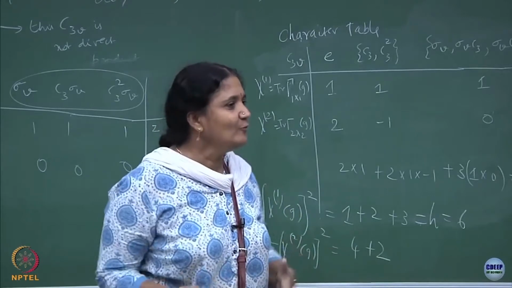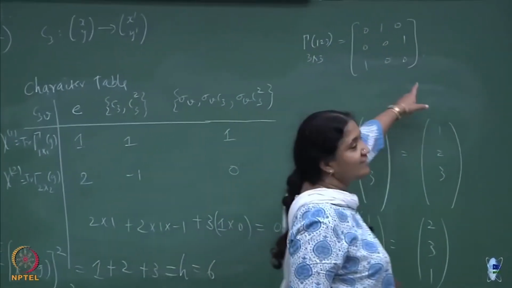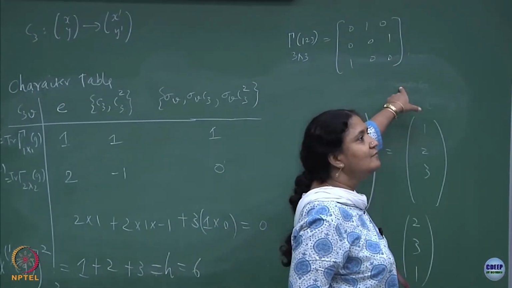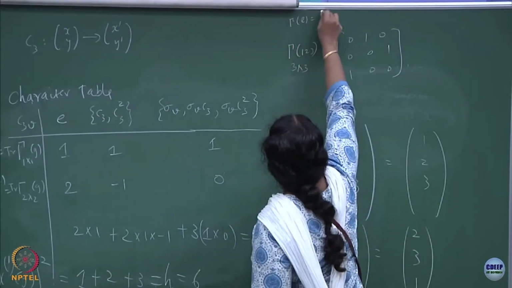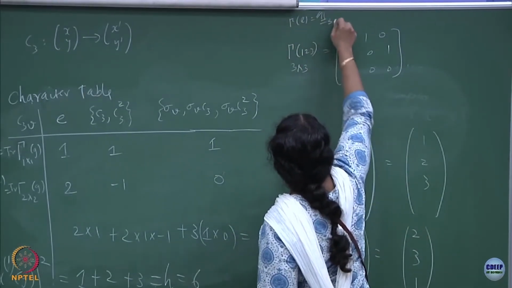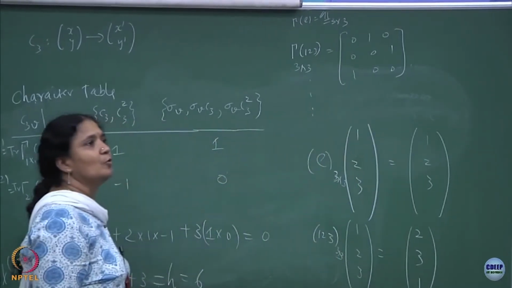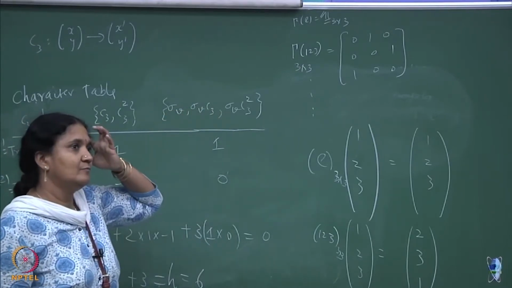Can we further reduce the 2 cross 2? I said it is not possible, but here it is a non-trivial 3 cross 3, right. So, all elements you can write, identity element which is an identity operator 3 cross 3 and so on. Question is that, is this reducible or not reducible?